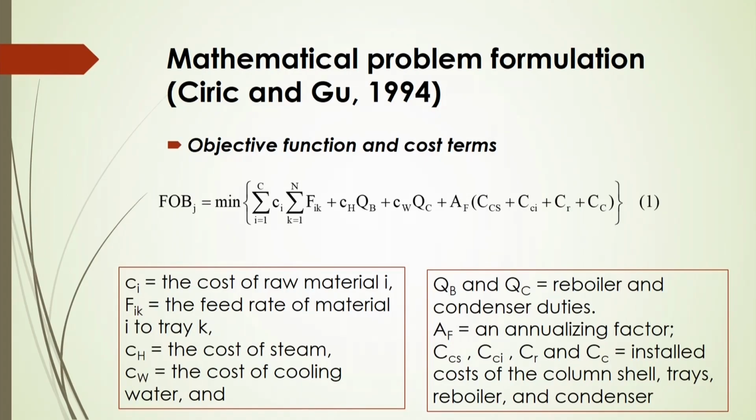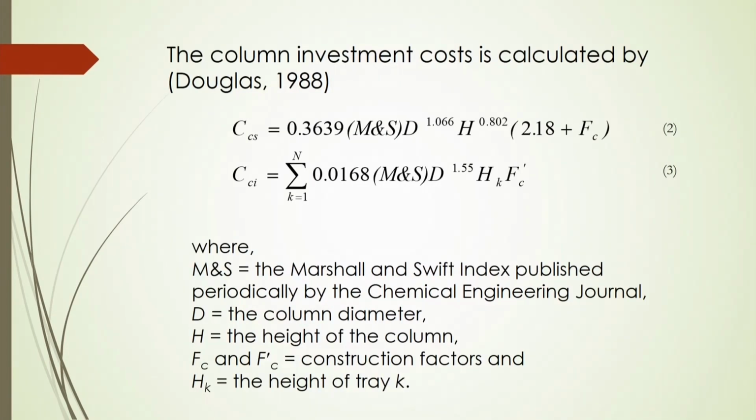In these slides those terms are given, and how to calculate the column investment cost is given by equations number 2 and 3 in the slides. It is given by Douglas in 1988, and CS can be calculated from equation number 2 and CCI from equation number 3, where the terms are defined.